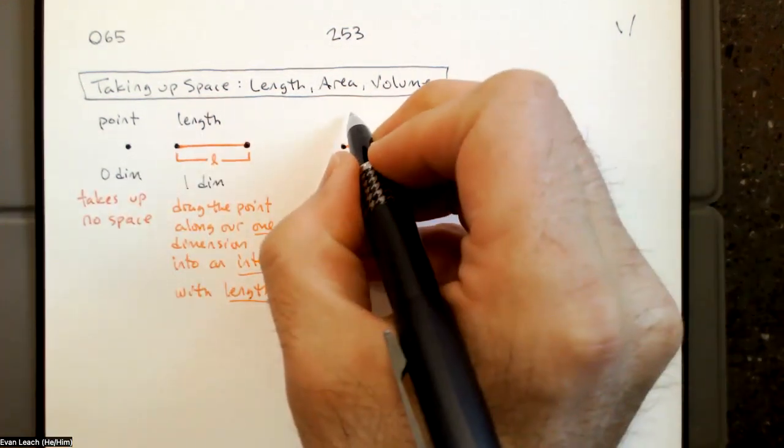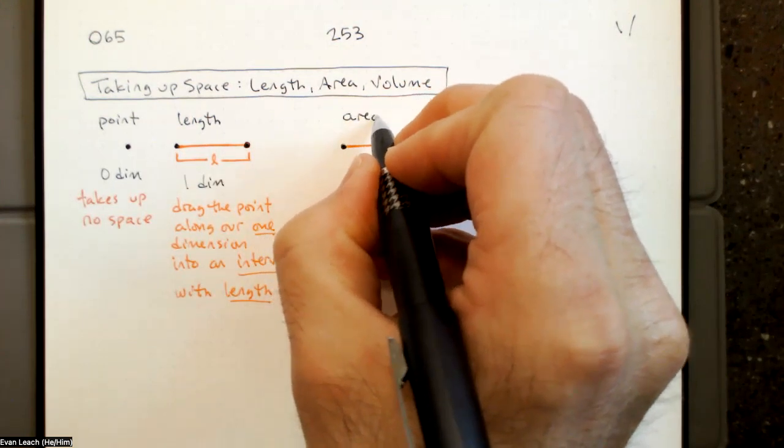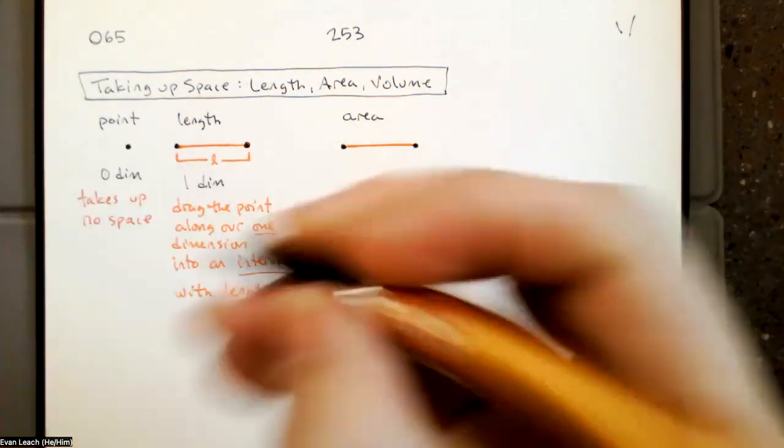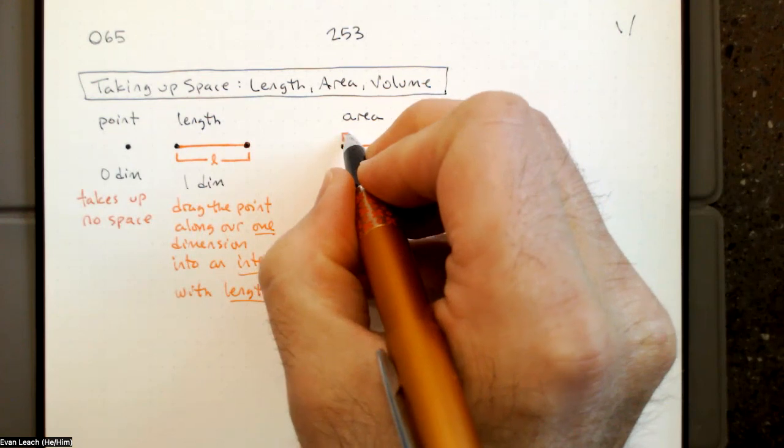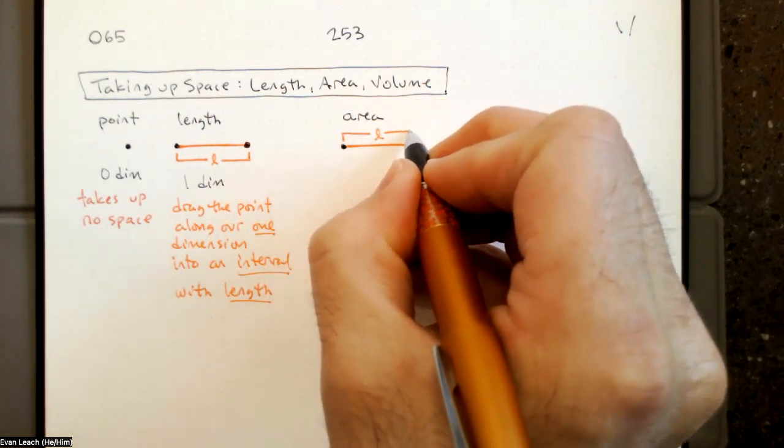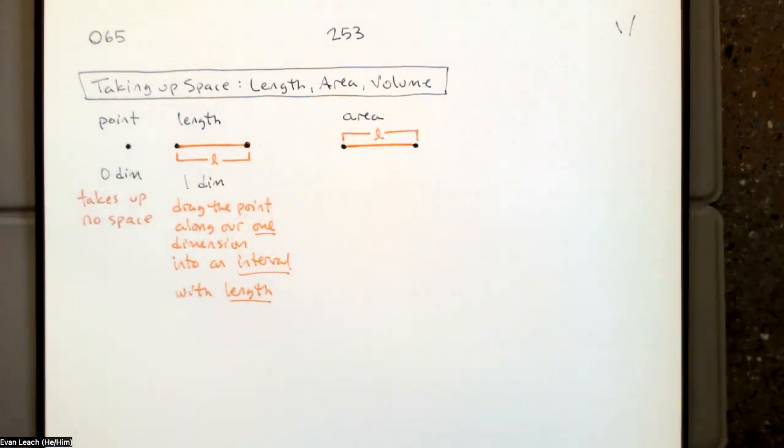So the next one up will be an area. Now we're going to allow ourselves a second dimension.